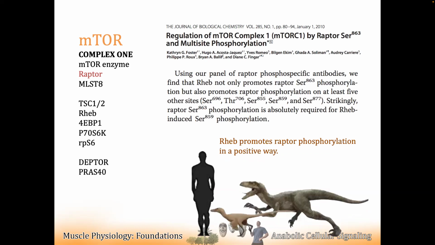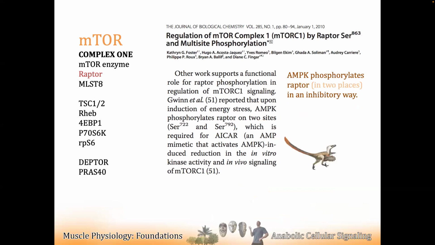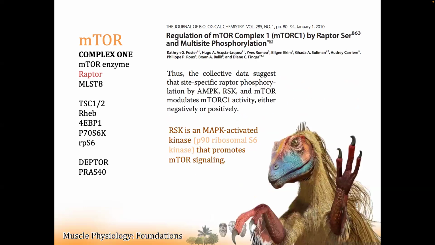I just wanted to point out the relationship between Rheb and Raptor. Again, sometimes phosphorylation can activate or promote Raptor, and then sometimes it deactivates or inhibits Raptor, depending on the site. With Rheb activity, we see promotion, but other stuff inhibits Raptor.